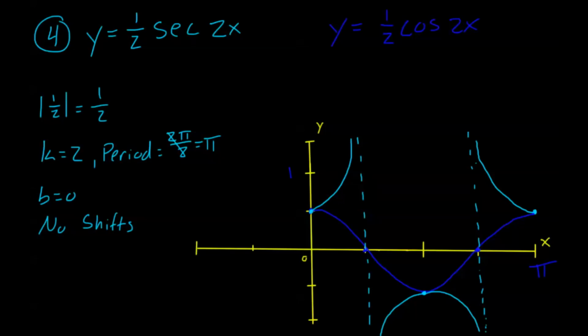If I had thought enough ahead, I would have layered it so that I could do that, but what I mean is we would just erase this part here, right? We don't want to leave that on any assignment because that's not part of our graph. That's going to be misleading. But here we are. That is my final result. This is y equals 1/2 secant of 2x.